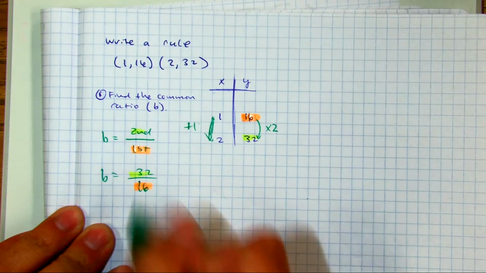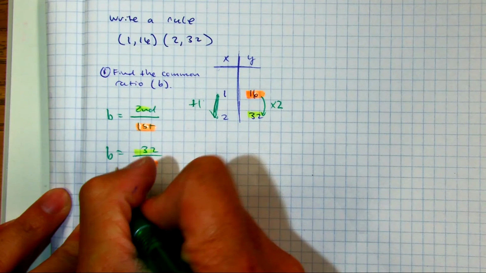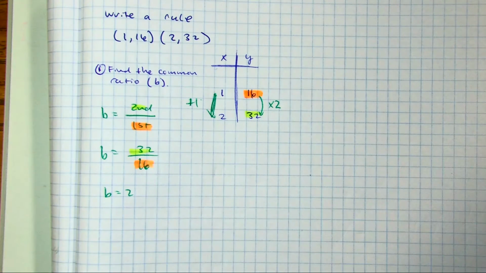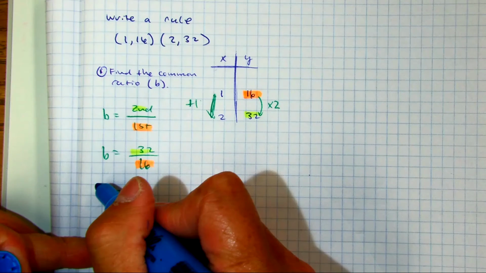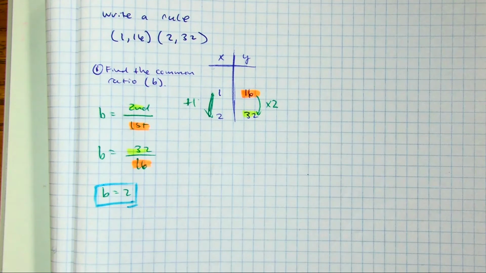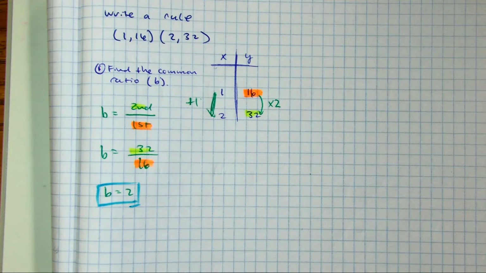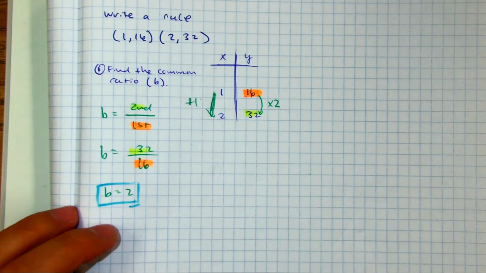And then 32 divided by 16 gives us what? 2. So 2 ways of finding that number. You can just make a table of values, or you can use this little division problem. And we've found the B value.